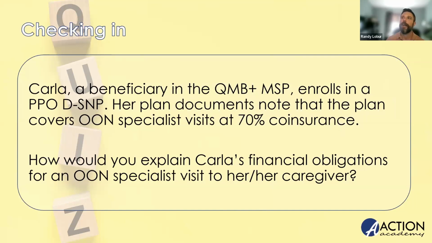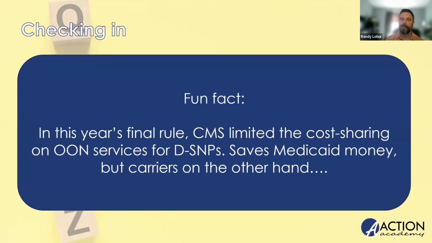You're exactly right. And so is everyone that's chiming in the chat here as well. Fun fact, though, in case this meets your definition of fun, in this year's CMS final rule, which Graham and I and Chelsea just dissected in a little bit deeper dive yesterday, CMS does limit the out-of-network cost sharing services for DSNPs.